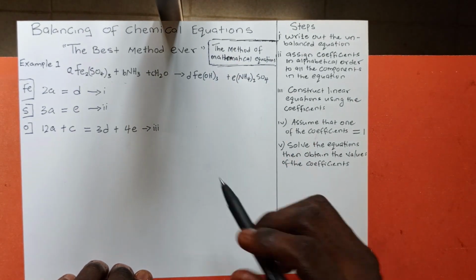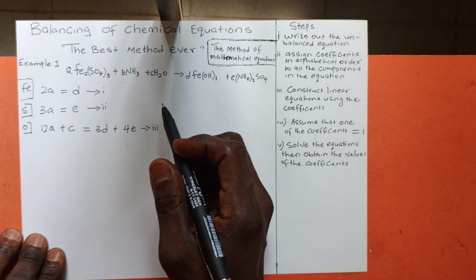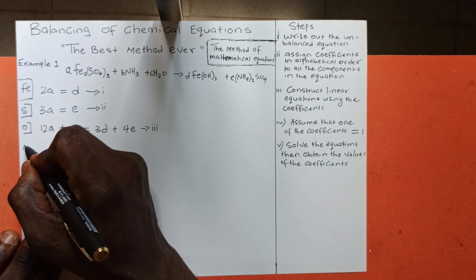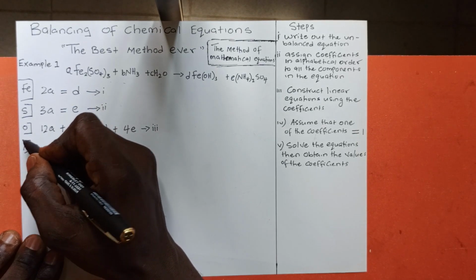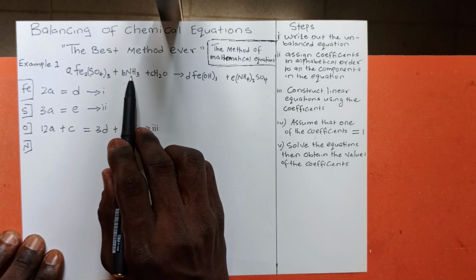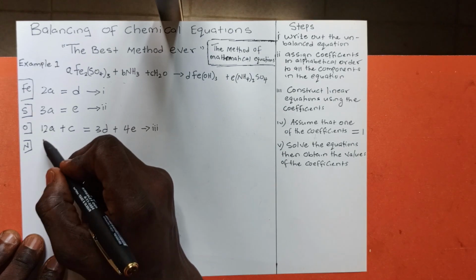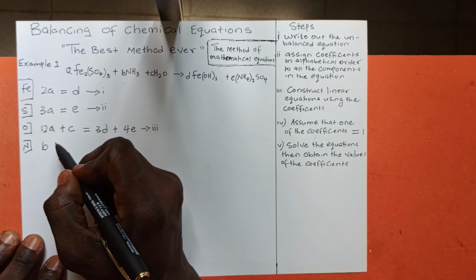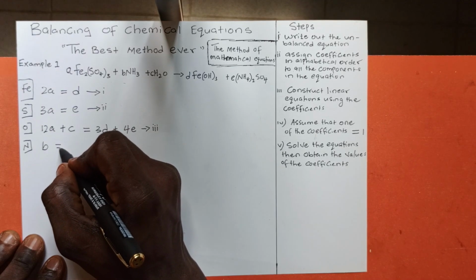The next equation will be coming from the next element I have here, which is nitrogen. So I'm going to say nitrogen in bracket. For nitrogen in bracket, I have nitrogen here, which is just 1. So I'm going to say B, that's 1 times B is equal to B. And there is no other nitrogen on the reactant side, so I will say this is equal to.